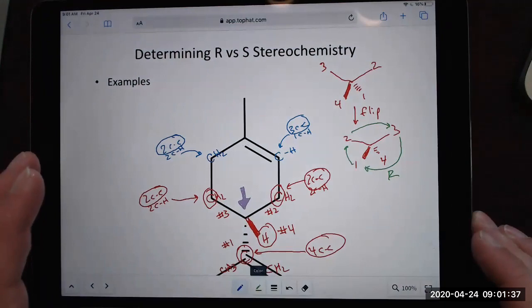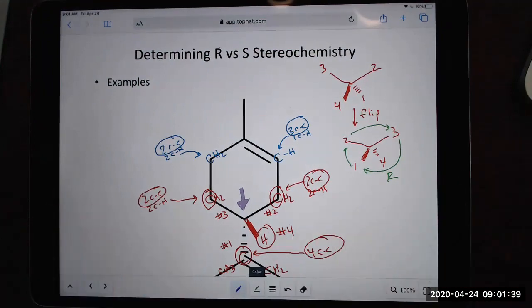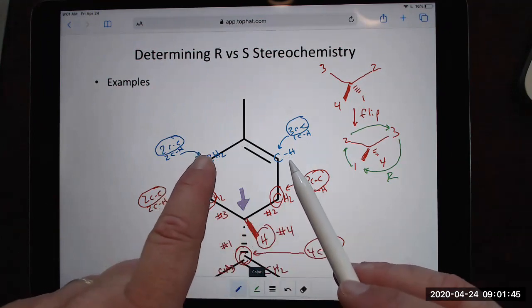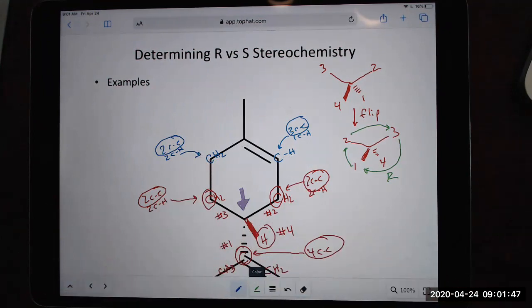If you can do this one, you can do them all. You just have to be very disciplined in radiating out so that you don't miss it, because as soon as you can set the stereochemistry as you radiate out, you do, and that's it. And you stop.